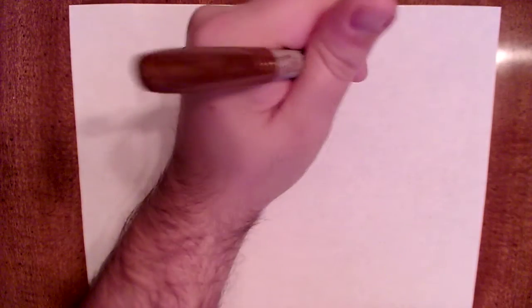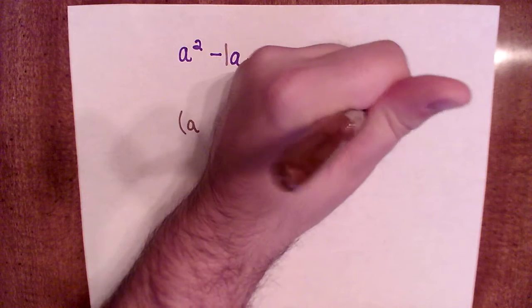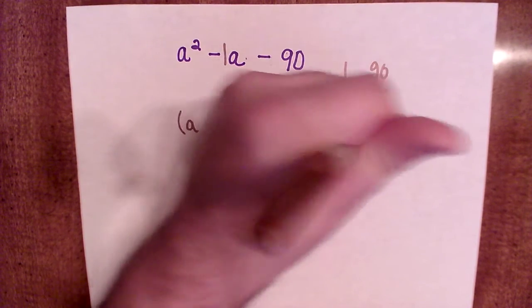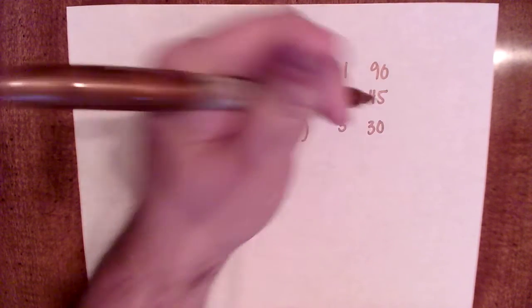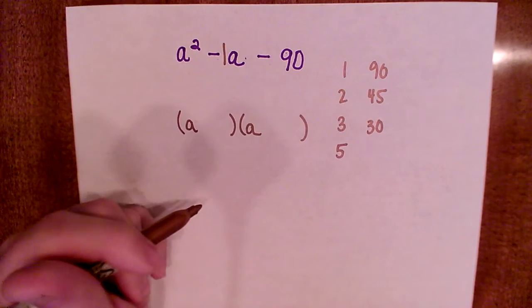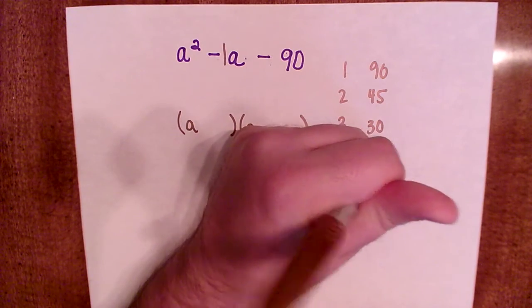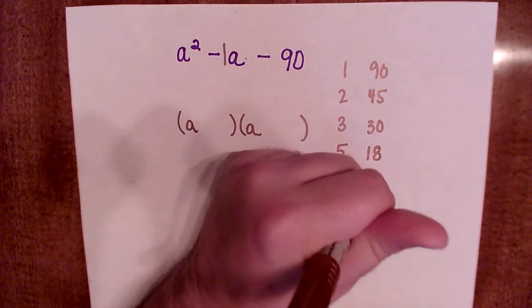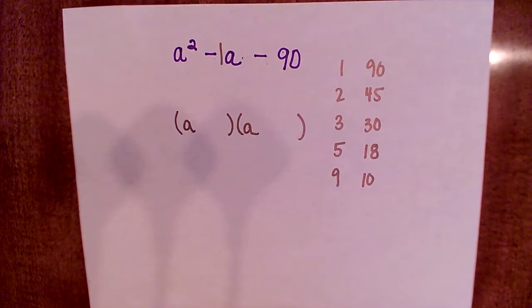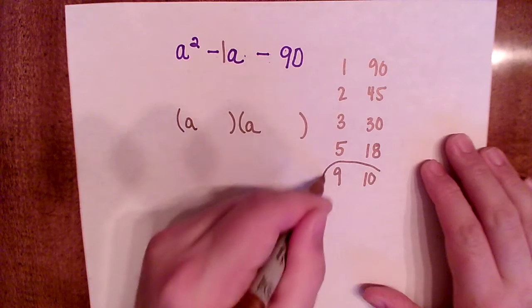Let's see, 1 and 90, 2 and 45, 3 and 30, 5 and 18, 9 and 10. Well, I'm looking for the one that subtracts to give us 1. That would be 9 and 10.